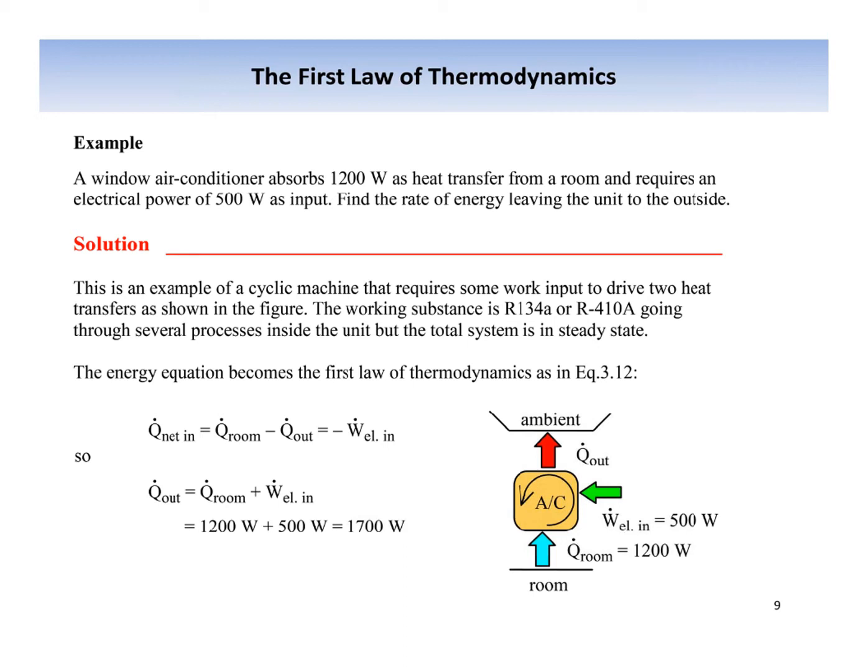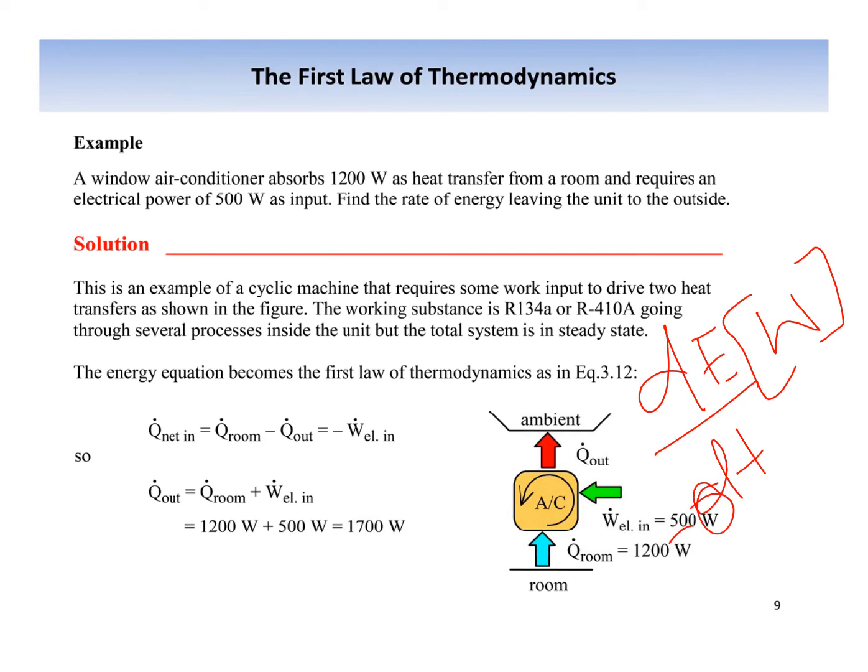So the rate of energy, dE by dt, has the unit of watt. So that's why there are these watt units instead of joules.